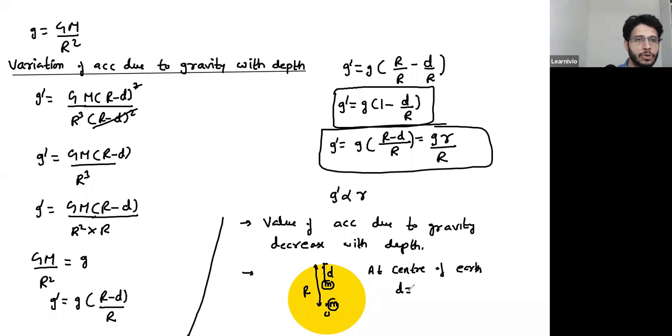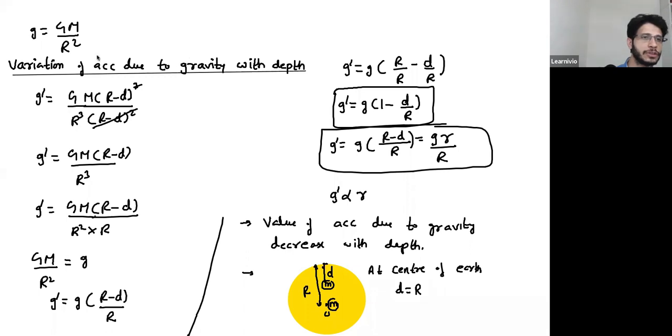No answer means you don't know. Fatimatul Naja, will you try? D is equal to the radius of the Earth. Oh, very good. If you take this mass at the center, then this d will eventually be equal to the radius of Earth. So instead of d, I substitute r.